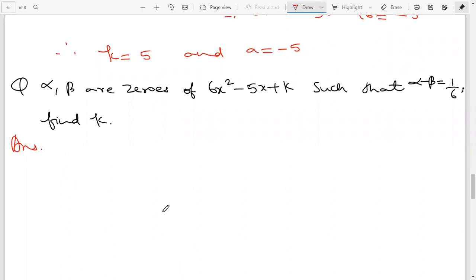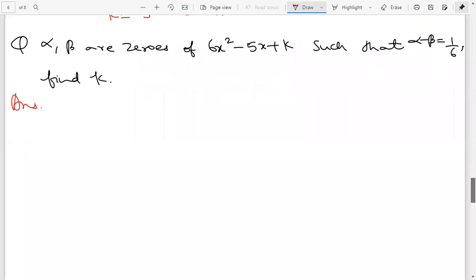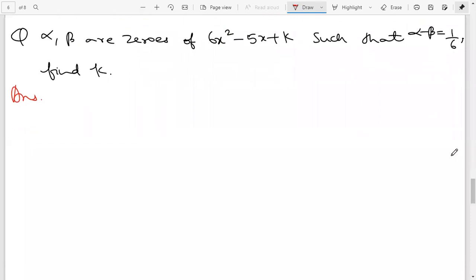Anyone got the answer? How can we solve? 6x square minus 5x plus k is the given polynomial, and alpha beta are the zeros, and given is alpha minus beta is 1 by 6.